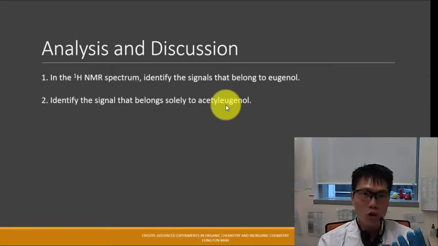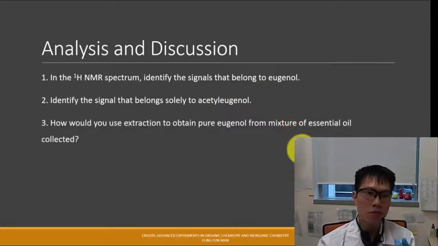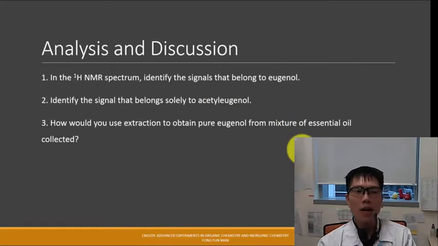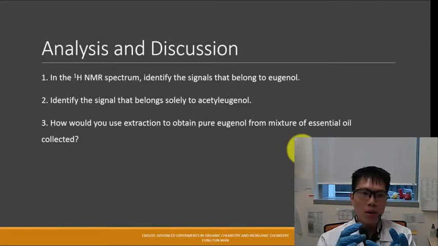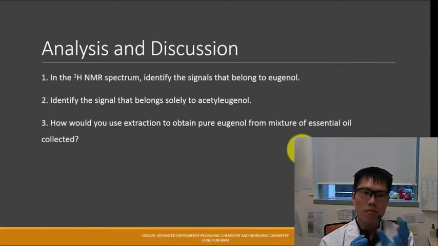Try to draw the structures of these two. Find out, get it right. Next question is, think about how you will use extraction to obtain pure eugenol from a mixture of the essential oil collected.